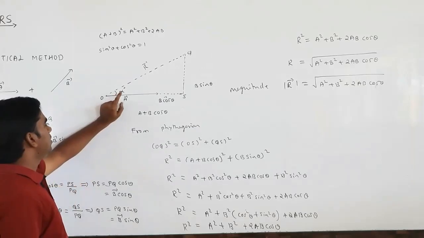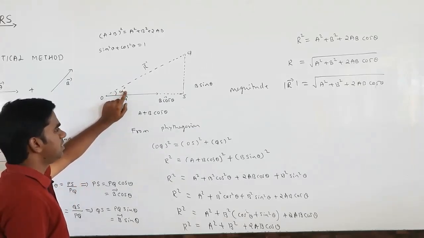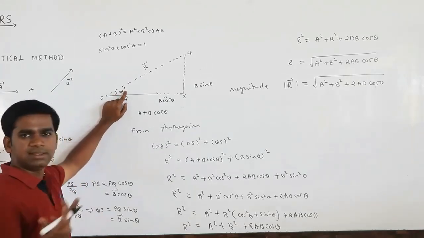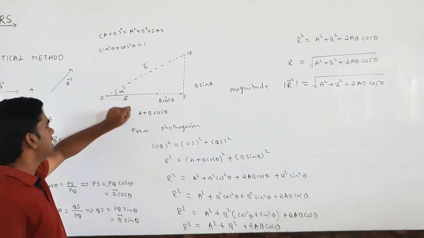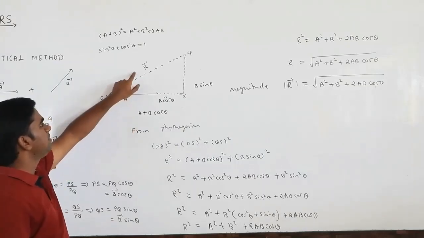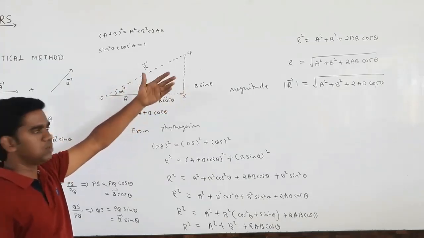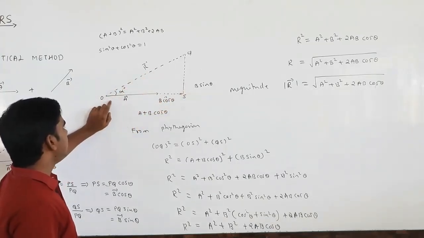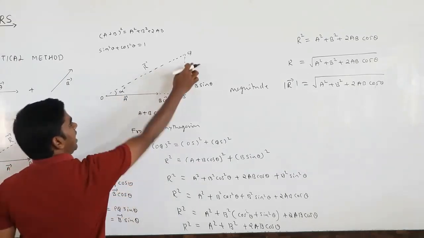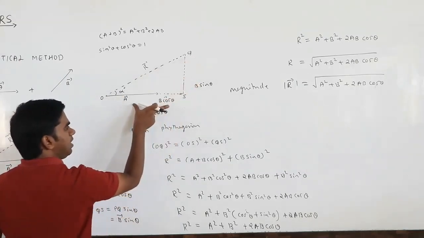To get this angle, you can take sin theta, cos theta, tan theta, whatever. If I take sin theta or cos theta, hypotenuse will come, and it will be complicated. So better if I take tan theta. So from this triangle, tan theta means opposite divided by adjacent.